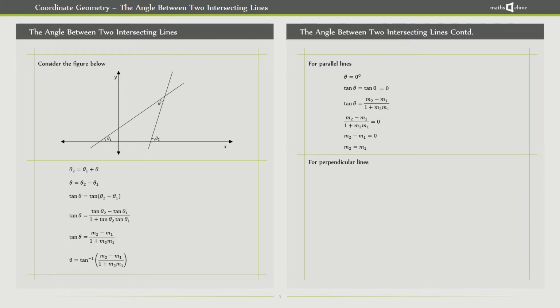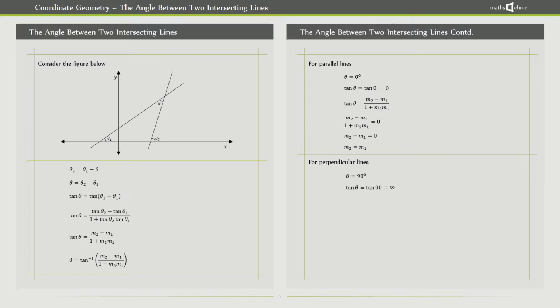Perpendicular lines are lines where the angle between them is 90 degrees. Basically we have that theta equals 90, so tan theta equals tan 90, and tan 90 is infinity.